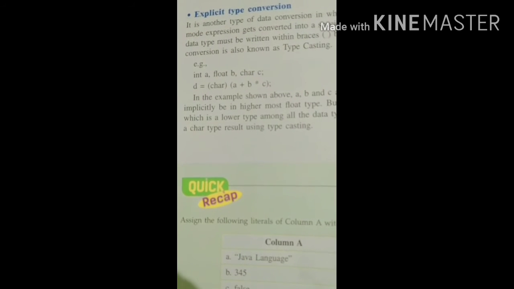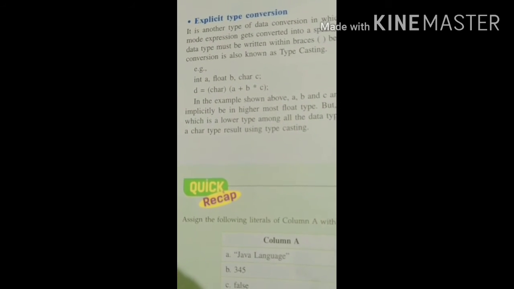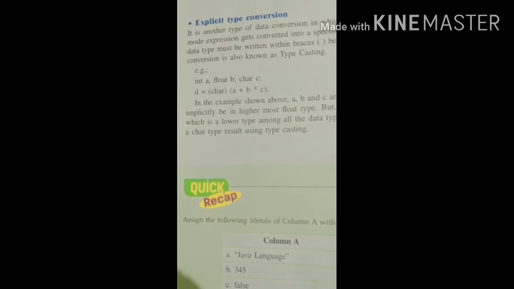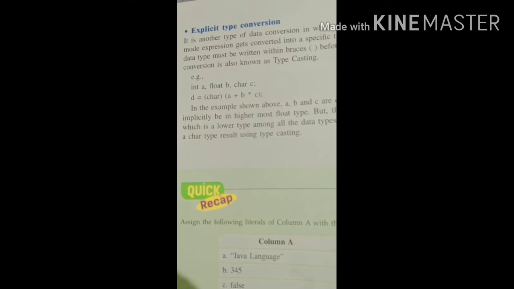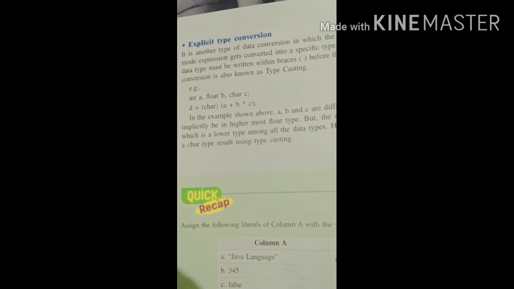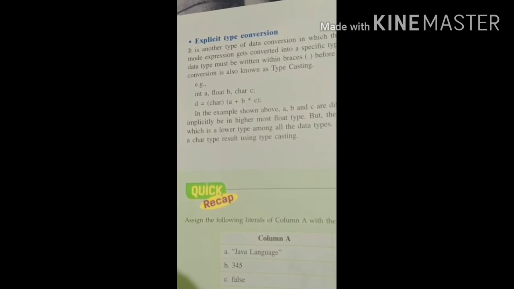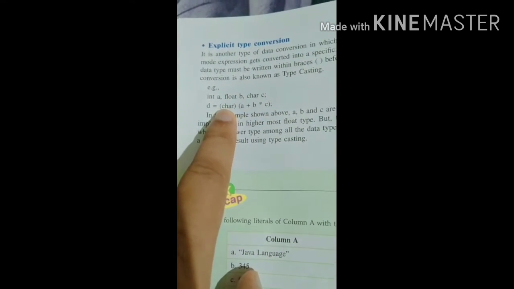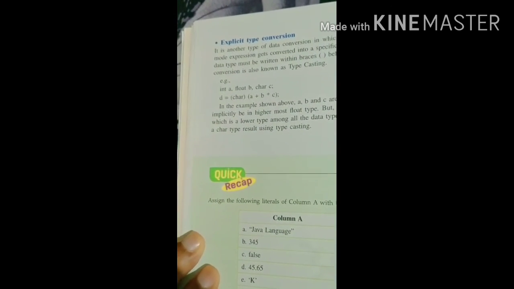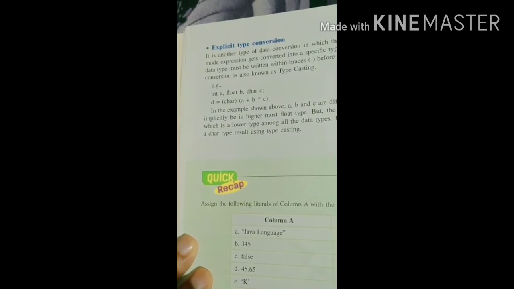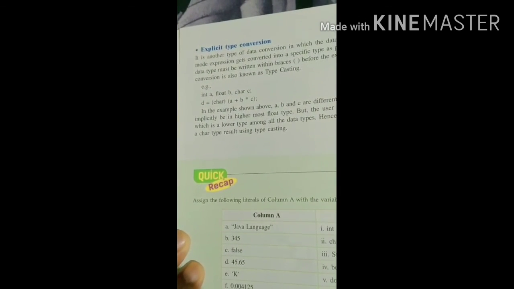Here a plus b into c is written, and a is an integer, b is float, and c is character. So this is a mixed data type. We can solve this by writing character in the brackets, and this becomes the character data type. So this is an example of explicit conversion. Well, we will study the next chapter soon. Thank you.